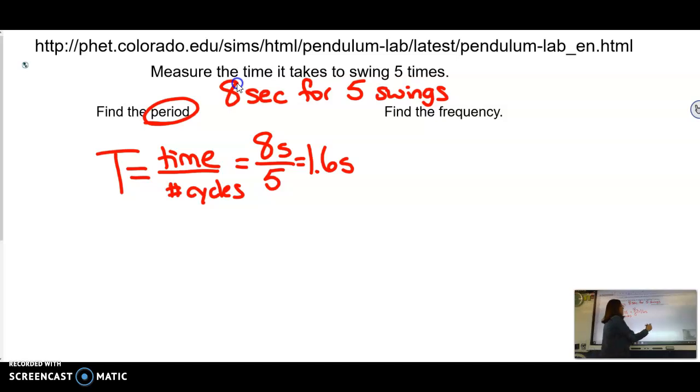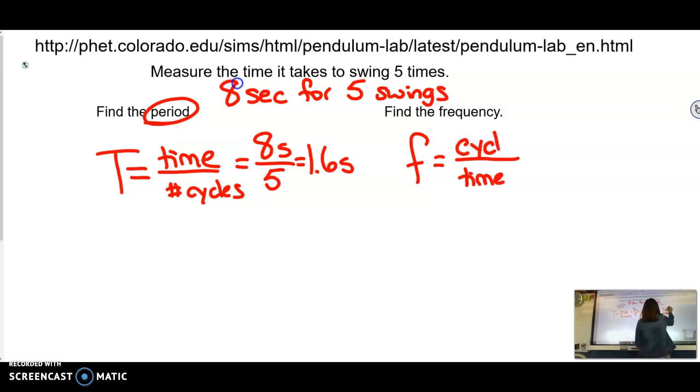Now, if I want to find frequency, first of all, it's a lowercase f. And what we need to know is that with frequency, time is on the bottom. So really important idea there. Time is going to be on the bottom now. So time is going to be down here, and cycles is actually on the top. So you have to know that for period, time is on top, frequency, it's on the bottom.